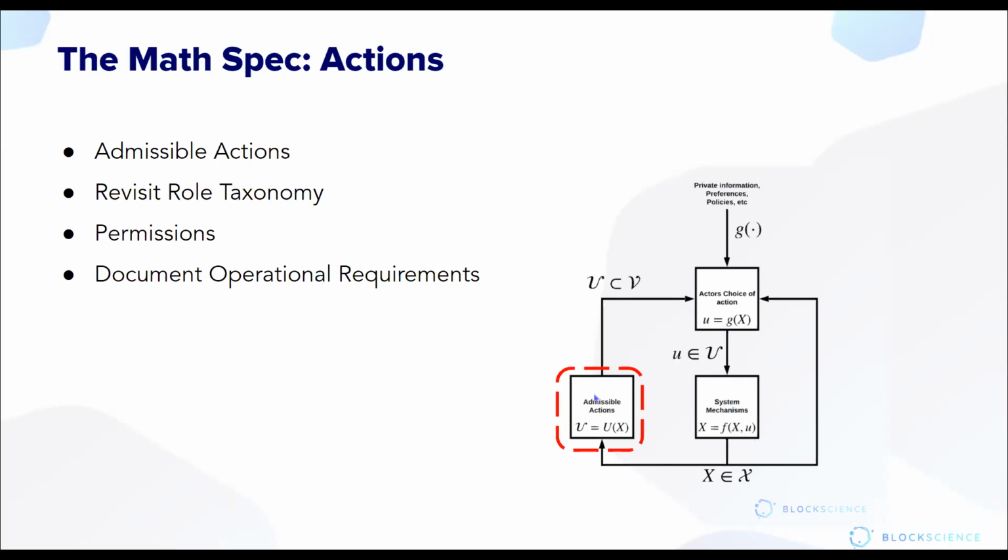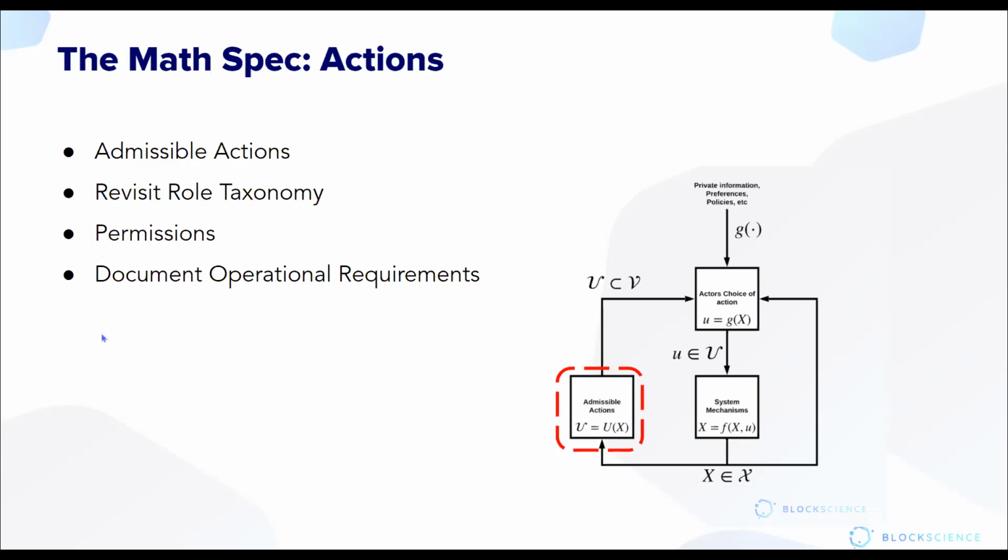It's not one-to-one in the sense that a user cannot say directly, okay, I want the new value of the state of the system to be this, because they're acting within a set of other transactions that are happening at the same time. So they're not able to say what the output state of the system is. They can only impose what their action is.